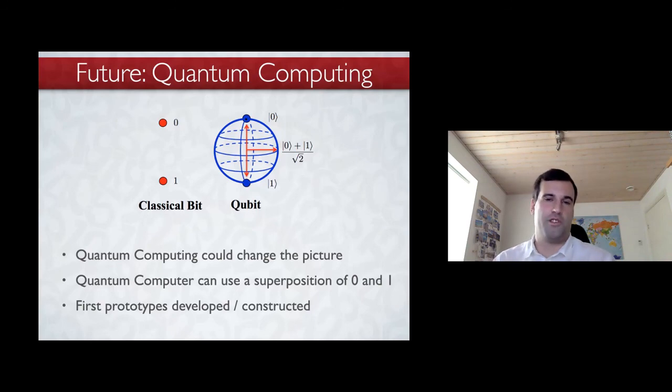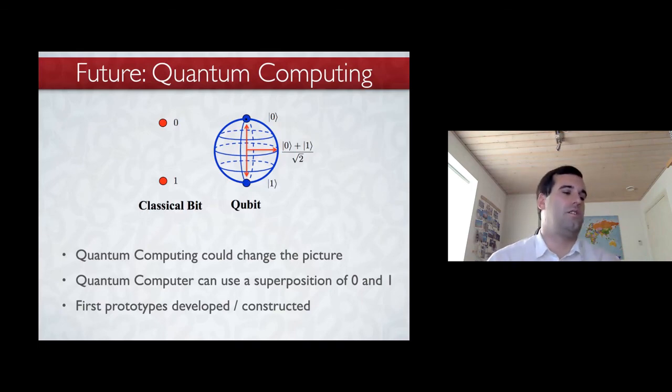Interestingly enough, quantum systems can have an intermediate state, so they can have on, they can have off, and they can have both at the same time to some degree. And this superposition, as we call it, being in a state of on and off simultaneously, can be used for computations very efficiently.